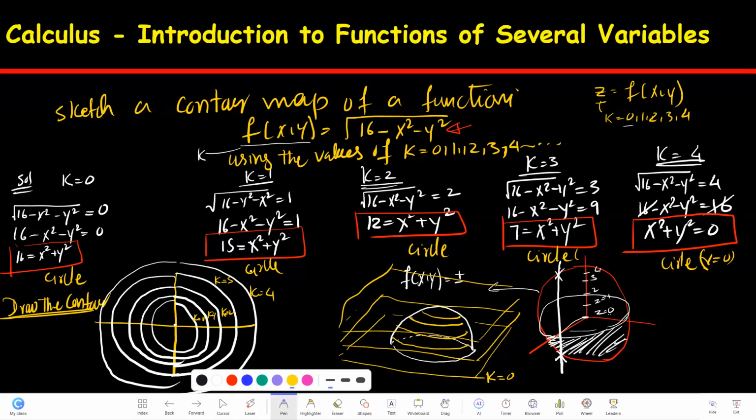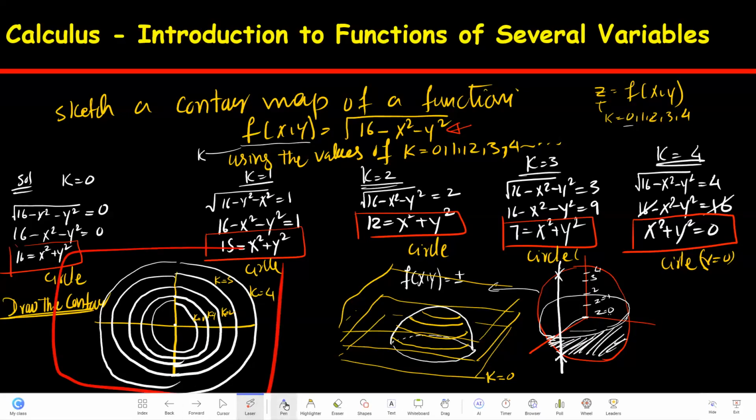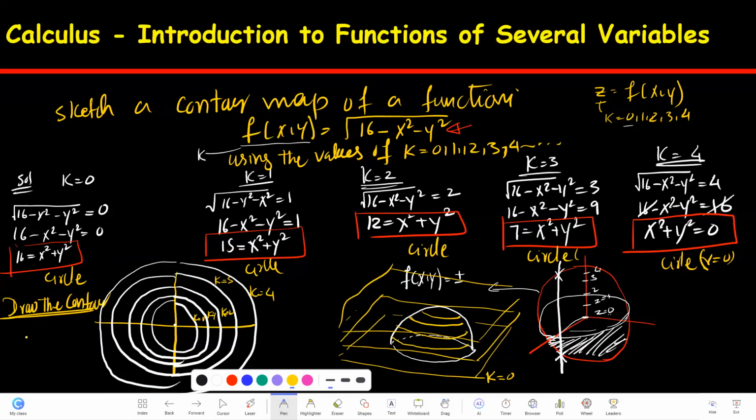You can call this whole thing a contour, and every individual one of these is called a level curve.